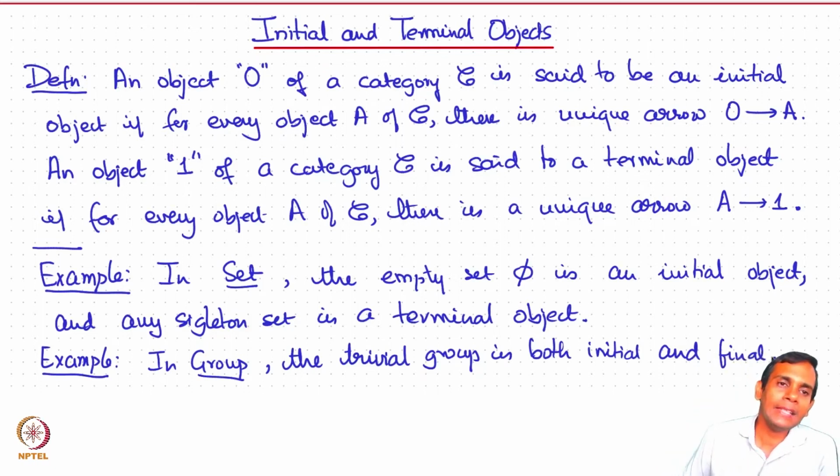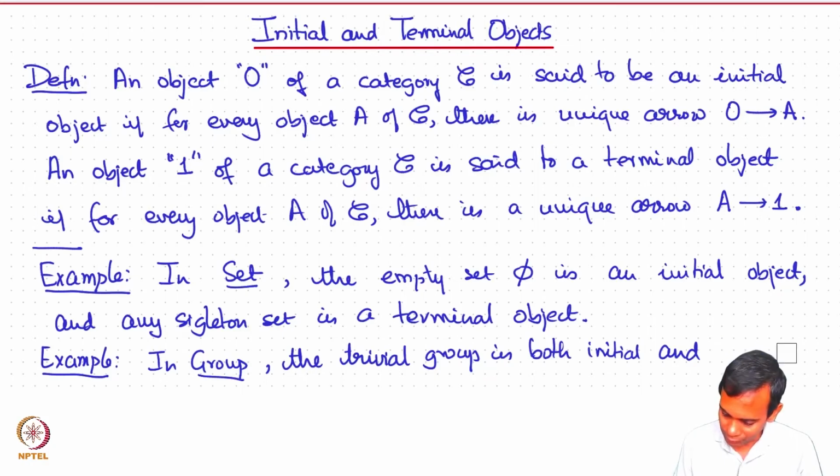And if you take any group, you have only one homomorphism to the trivial group, because every element has to just map to the identity, and that turns out to be a homomorphism. So the trivial group is both initial and terminal.